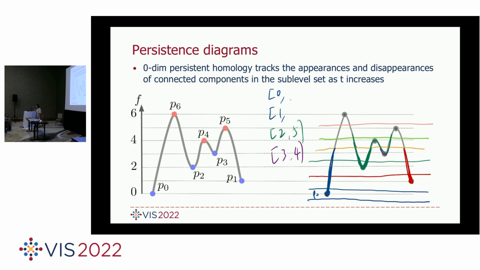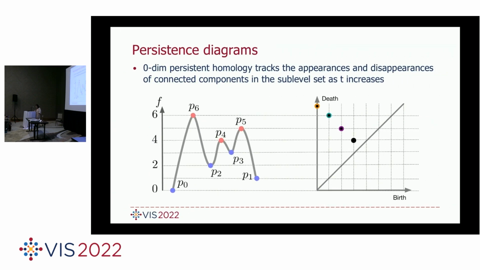What's happening in zero-dimensional persistent homology is that, as I change the threshold, I'm looking at how the connected components in my sublevel set appear and disappear, and they correspond to a specific pairing at those specific event points. So on the left-hand side, I have this one-dimensional function.